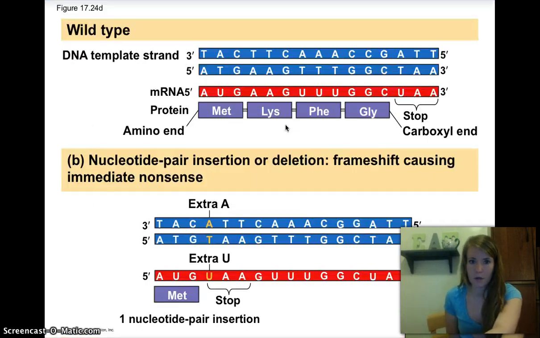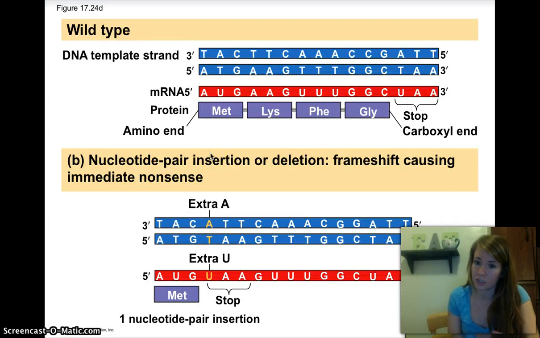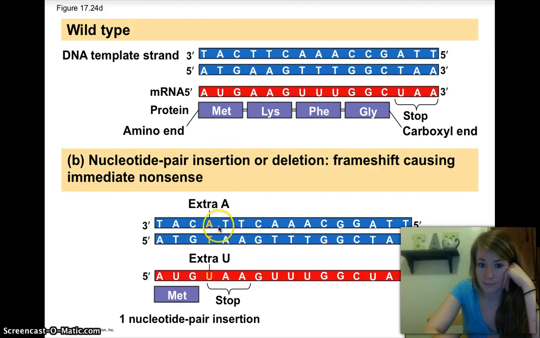Let's take a look at them. So again, here's our wild type. So this is an insertion or deletion that causes immediate nonsense, meaning it causes a premature stop codon, just like our nonsense mutations from before. So here we threw in an extra A. So we still have AAG, TTT, GGC. So it's the same as up here, except we threw in an extra A. And so the cell doesn't read AAG because it reads 3 at a time.